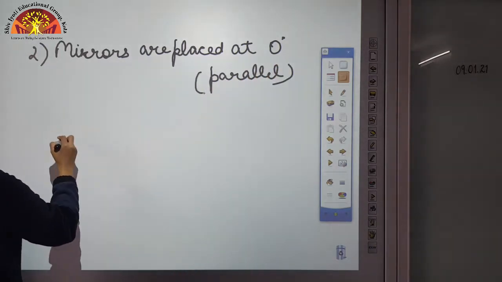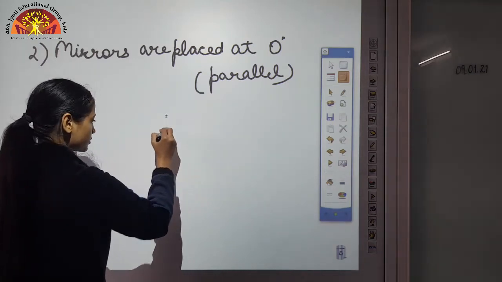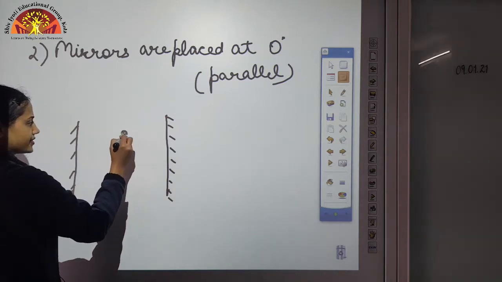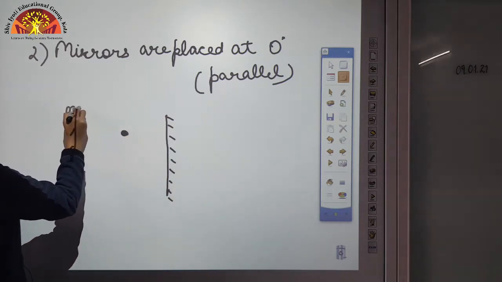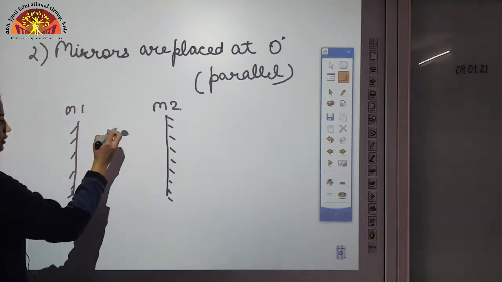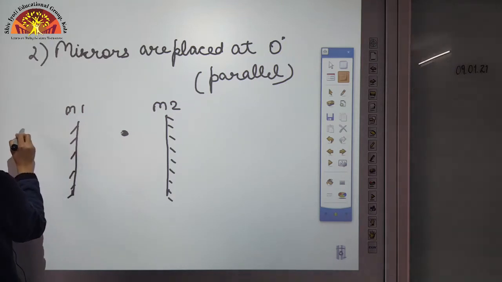They are parallel to each other. This is mirror 1 and this is mirror 2. Here is an object. According to this, the image of this object is formed by this mirror here. This is the first image.